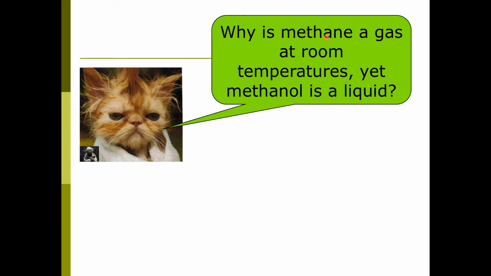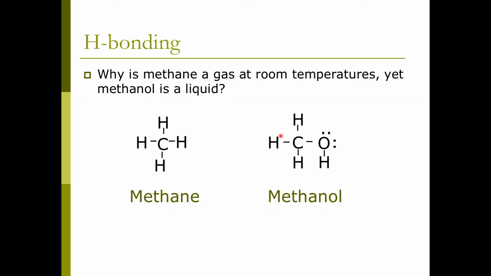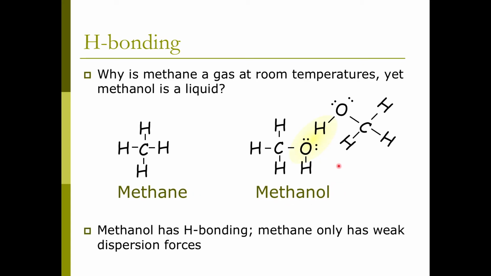Now, let's compare methane, that alkane, to methanol. Why is methane a gas at room temperature, yet methanol is a liquid? Hydrogen bonding, the answer is. So methanol looks like this, and it has this OH group right here. What is special about methanol is that it will do what we call hydrogen bonding.